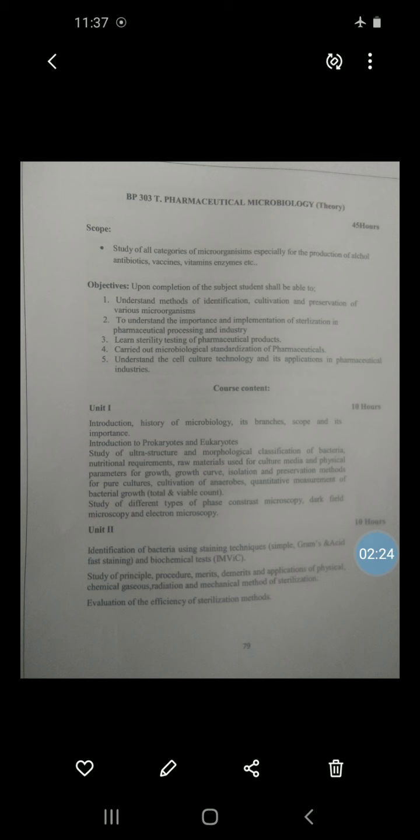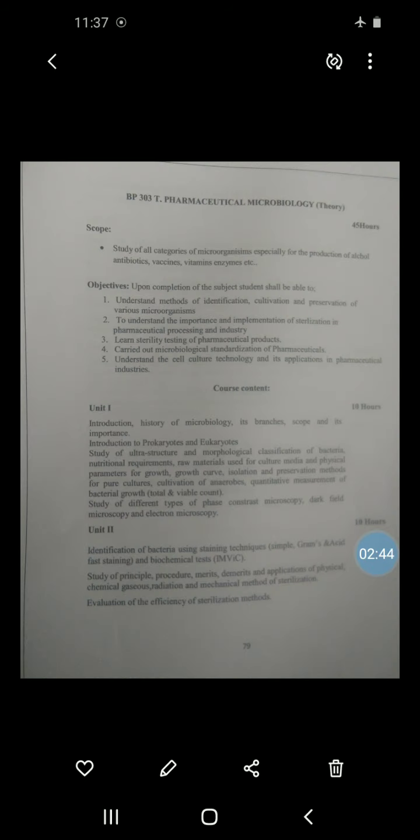Ionizing radiation uses radiation of short wavelength and high intensity to destroy the microbes. For example, gamma or X-rays react with cellular DNA and thus damage it.